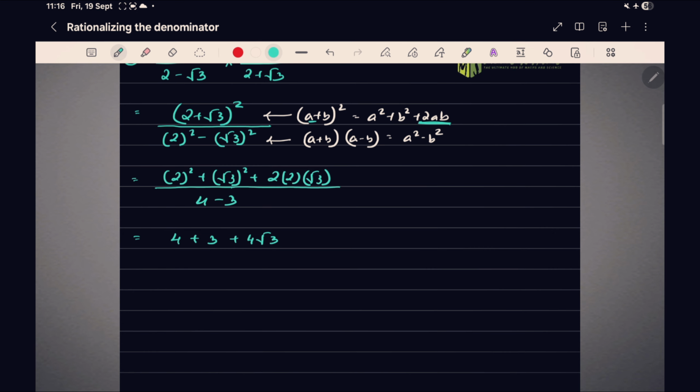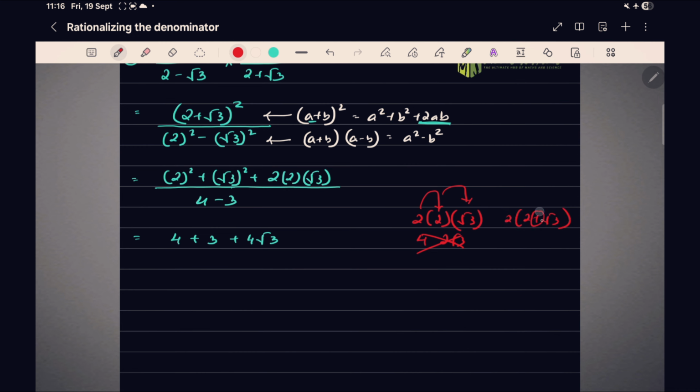Now again, one of the common mistakes that students are going to make. Sometimes in a rush they write 2 into 2 and root 3. Now for some reason they multiply 2 into 2, write 4, and then they again multiply 2 into root 3 and write 2 root 3. Now this is wrong. Please understand, 2 gets multiplied to a bracket twice only in the presence of a plus or minus sign.